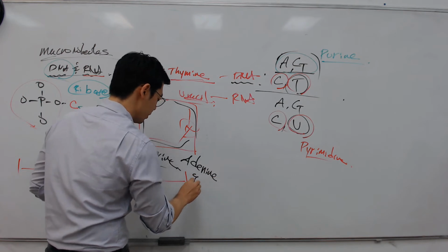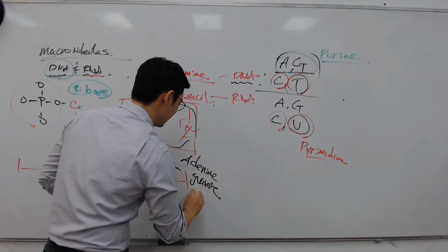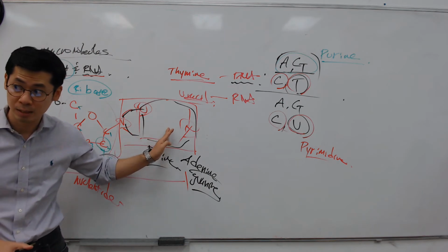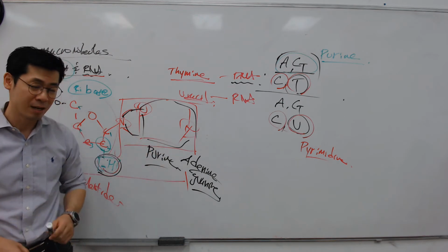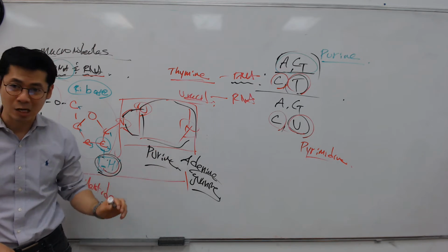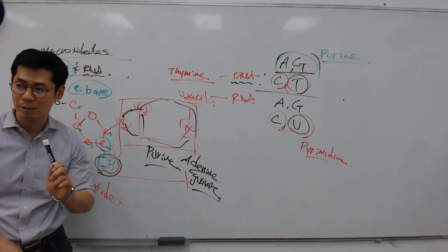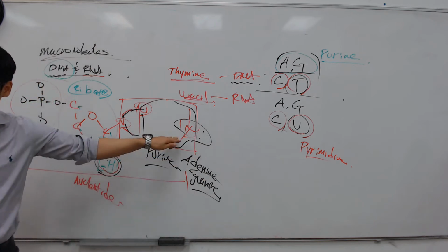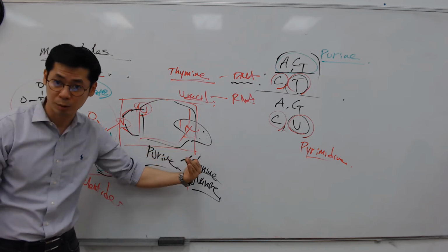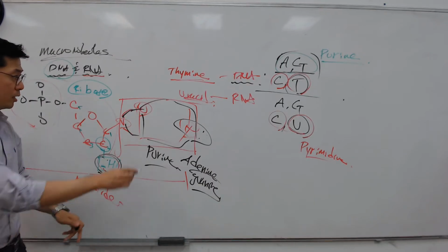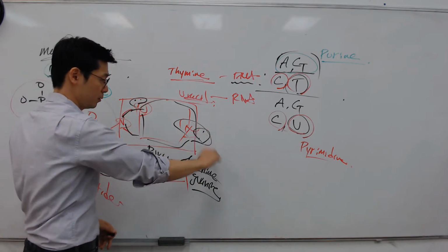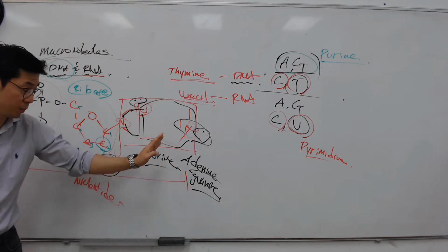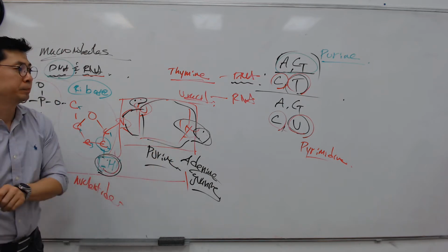These are the names of nitrogenous bases. Why do you think they call this a nitrogenous base? Because it's basic. They have nitrogen on it, and we call those Bronsted bases.